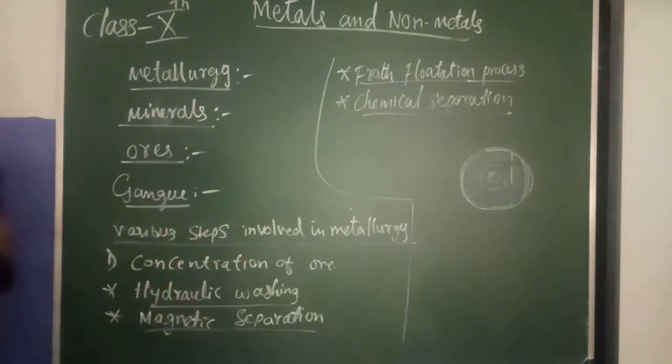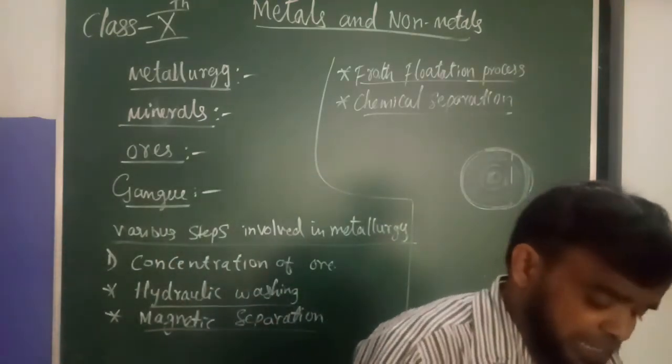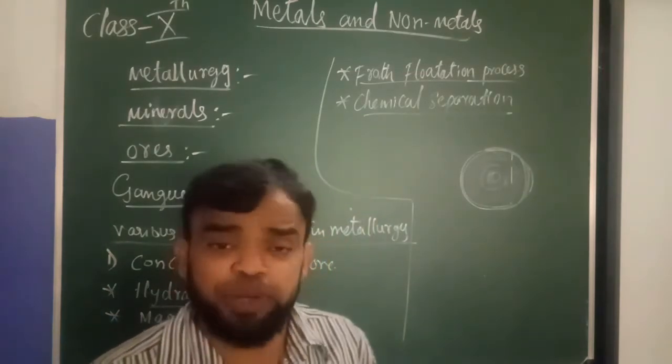This layer has many things inside it, here, here, and here. This is the earth's crust, the upper layer of the earth. We get all those things in it. So the elements or compounds which occur naturally in the earth's crust are called minerals.